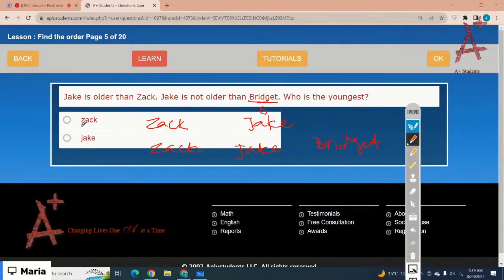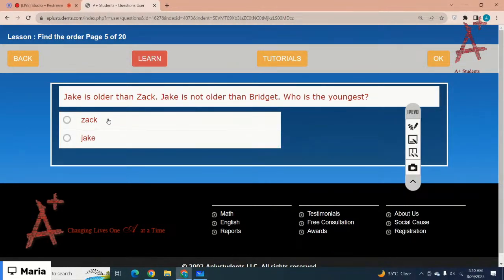Who is youngest, Zach or Jake? Which is the correct option? The correct option is youngest one is Zach, right? The correct option is Zach.